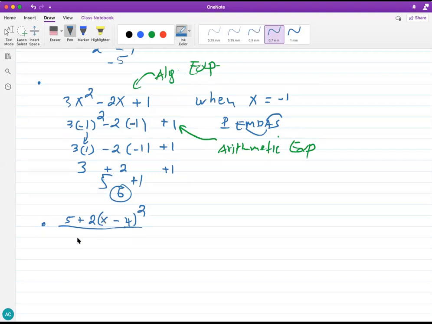And also maybe 3 times... okay, so we have an algebraic expression in the form of a fraction, which is just like the other ones. Whatever we can do with these, we can also do with that. Pretty simple. So let's evaluate this.